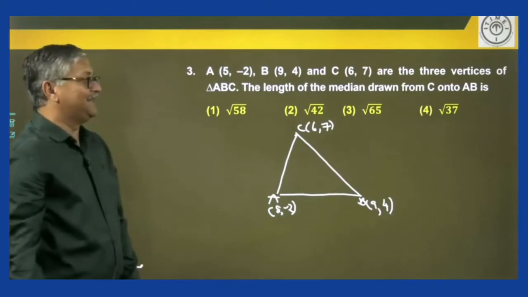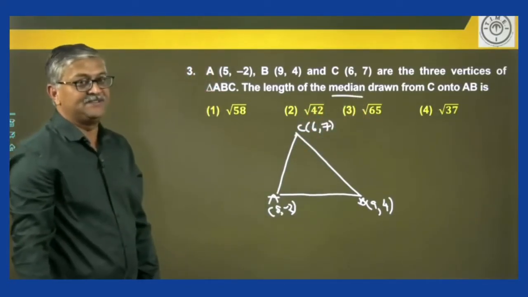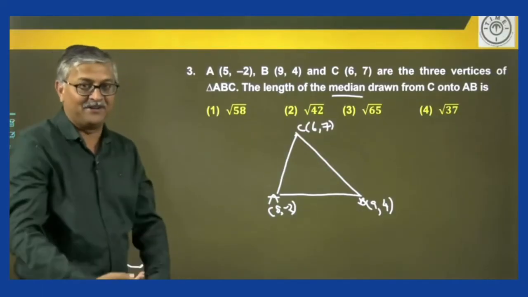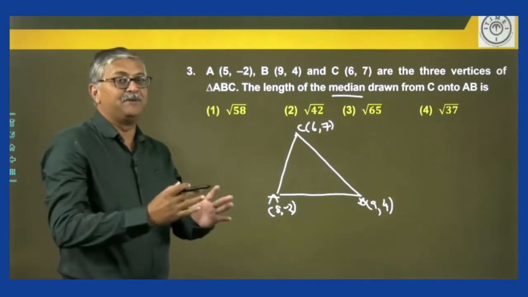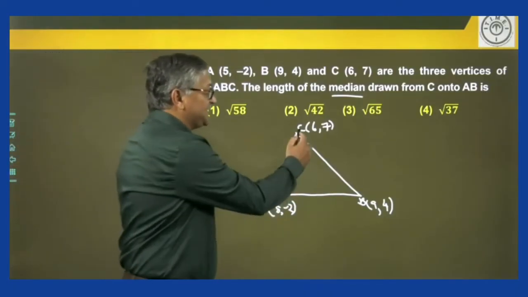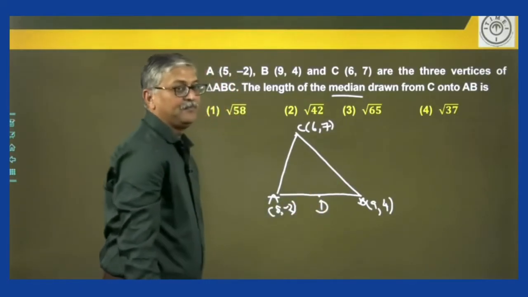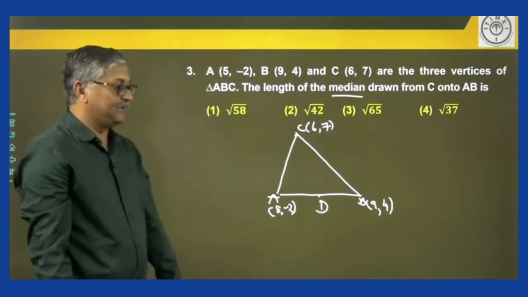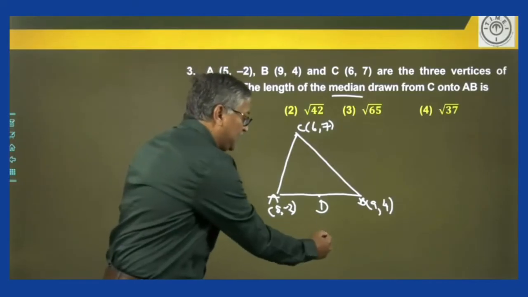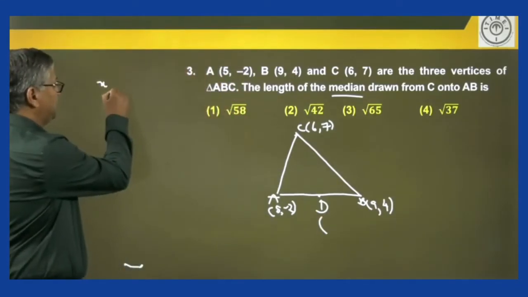Now, we want to calculate the length of the median. What is the meaning of the median? Simply the line joining one vertex to its opposite side midpoint is known as the median. So, here from C to AB, we take the midpoint of AB. Assume that it is D. Then what is the midpoint formula? It is x1 plus x2 by 2, y1 plus y2 by 2.